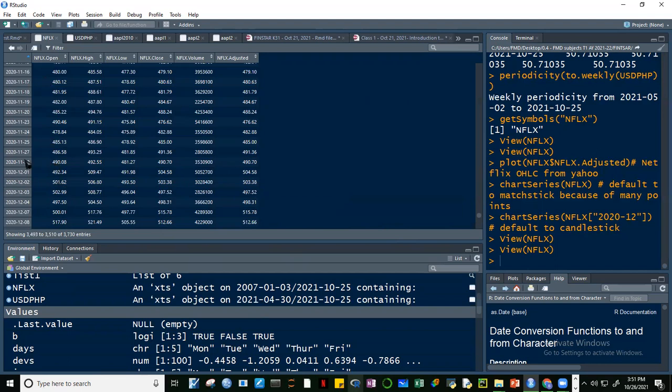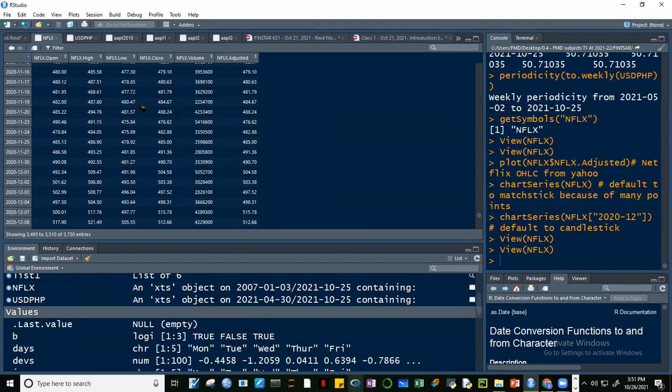So you see the opening was 492. The closing was 504. That means you'll have a green candlestick because the price closed higher relative to the opening.